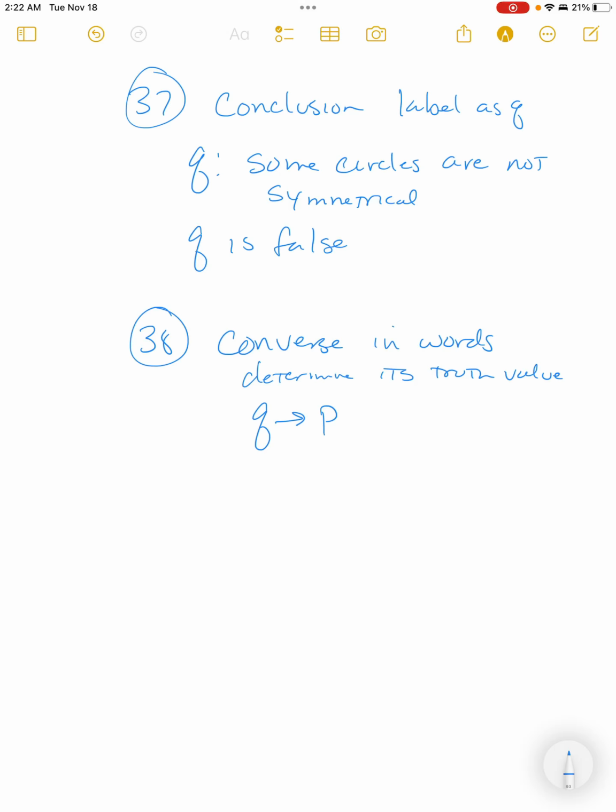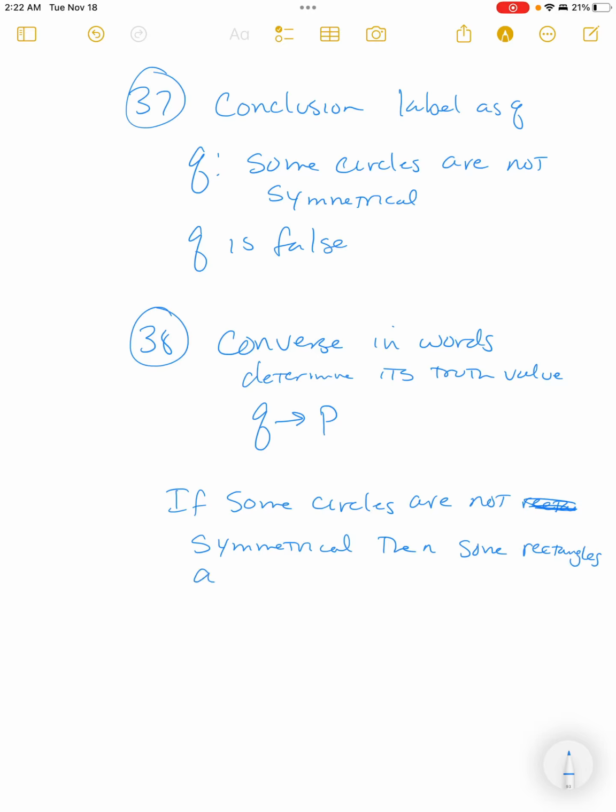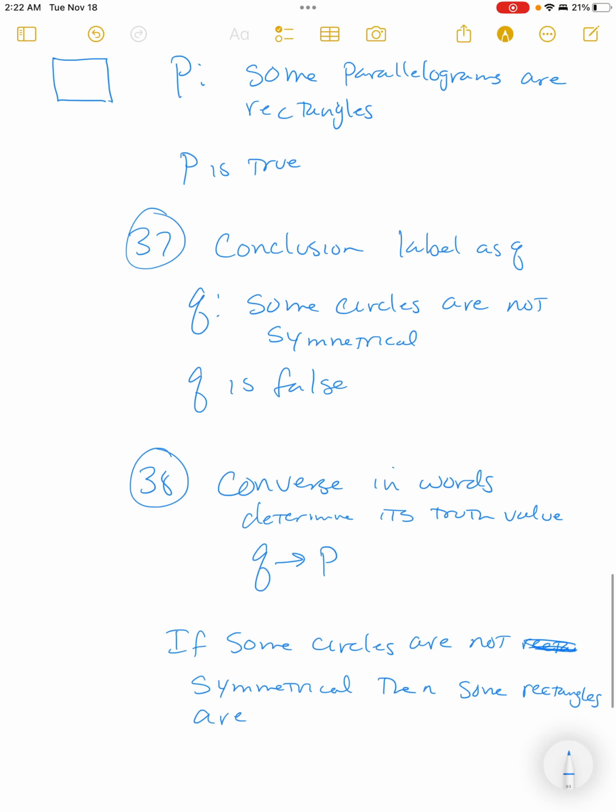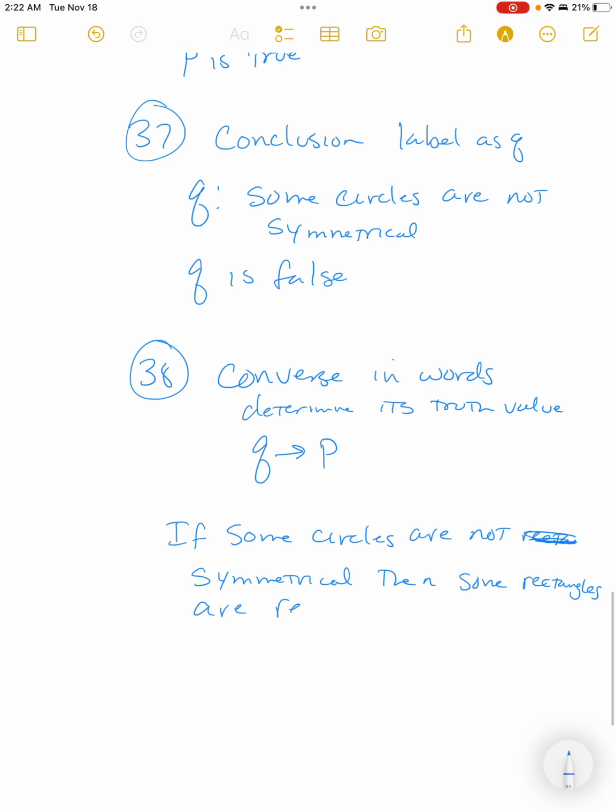Q implies P. Now they want it in words, so it would be if some circles are not symmetrical, then some parallelograms are rectangles. Okay, it's just a simple flip of the two for the converse.